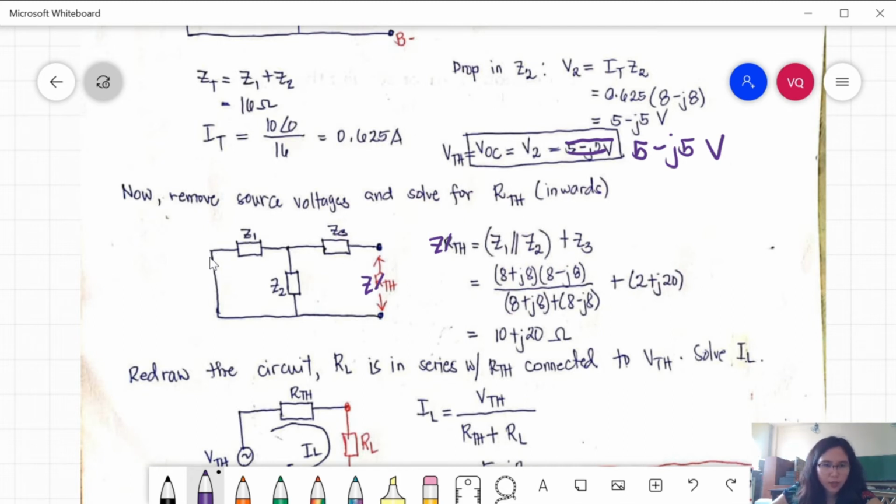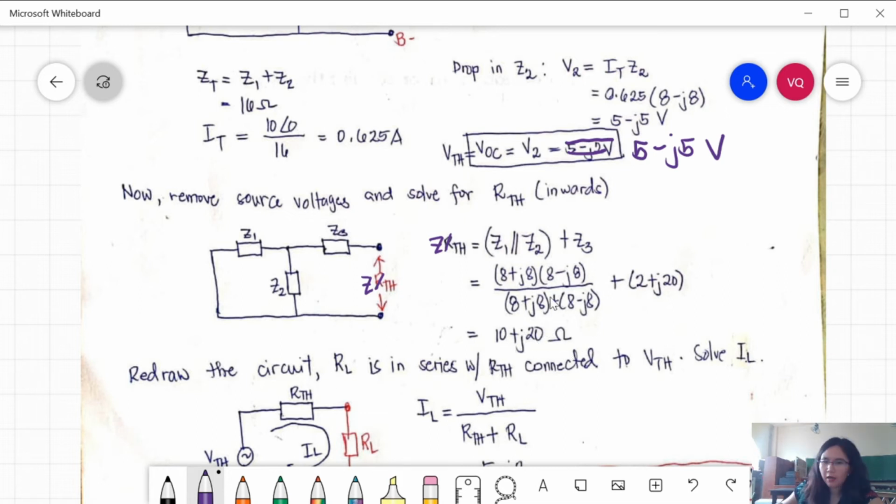So we remove our source voltage here, the 10 volts, and then we solve the ZTH inwards. We start at the back of the circuit. As you can see, Z1 and Z2 will be in parallel, and the combination of these two will be in series with Z3. So Z1 in parallel with Z2 plus Z3 is equal to 10 plus J20 ohms.